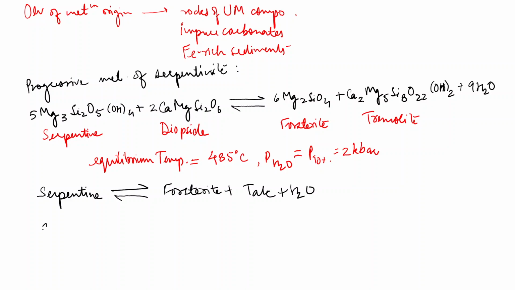Then another reaction where serpentine may react with brucite, Mg(OH)2, to give forsterite plus water. So what does this mean? That the progressive metamorphism of serpentines may give rise to forsterites.